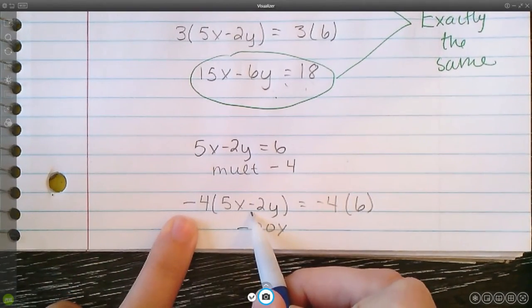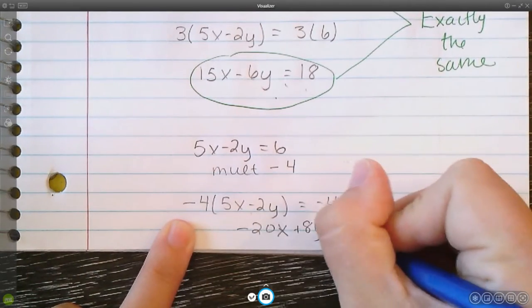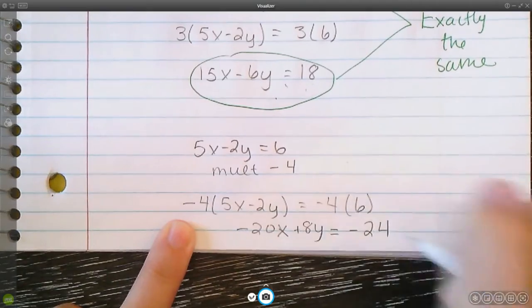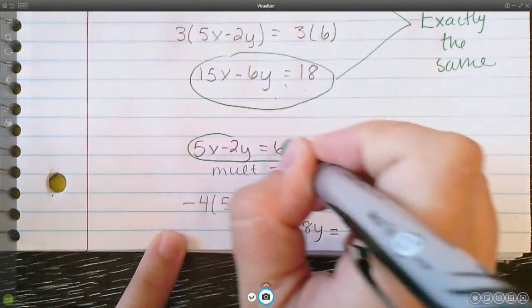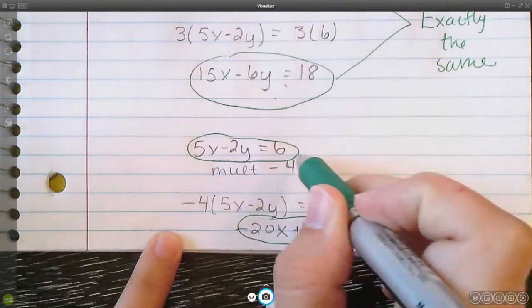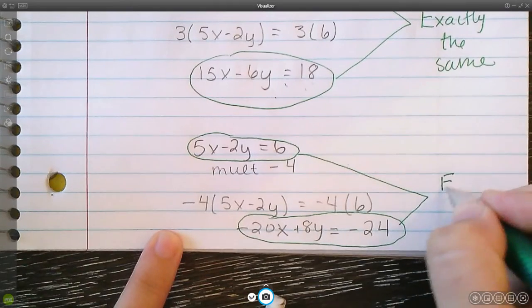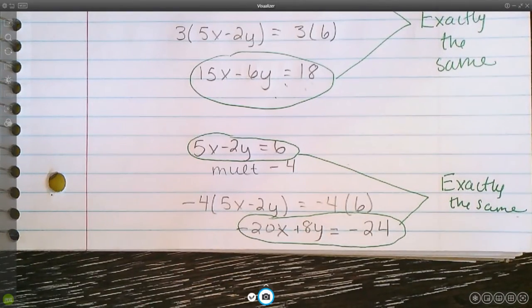Negative times a negative is a positive, so that's plus 8y. And then equals negative 24. So this and this are exactly the same. So again, as long as you multiply both sides by the same number, the equations are going to stay true.